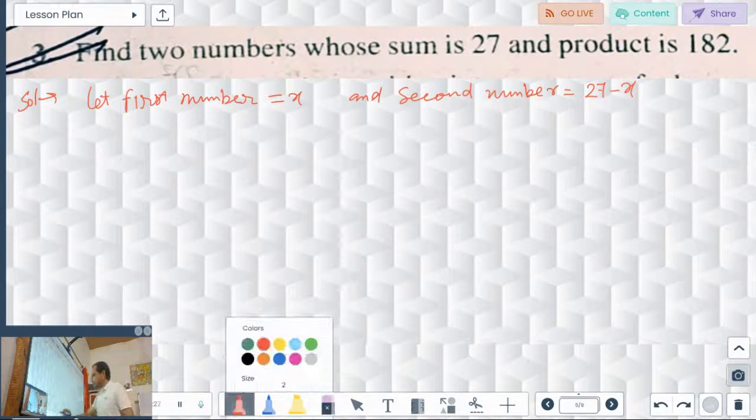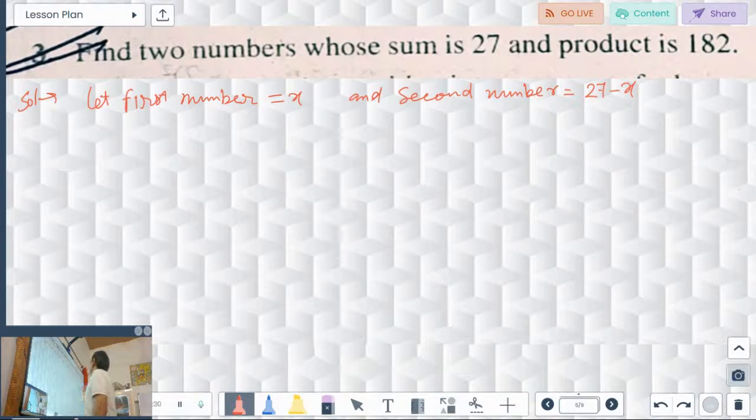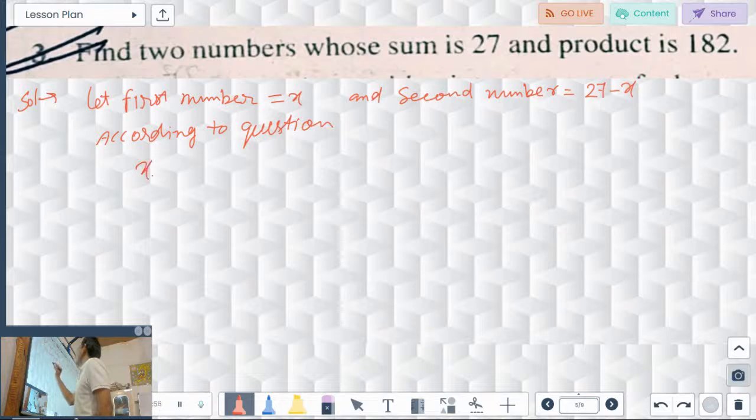Now, according to the question, the product of these numbers is 182. The product of both numbers: first number x and second number 27 minus x equal to 182.